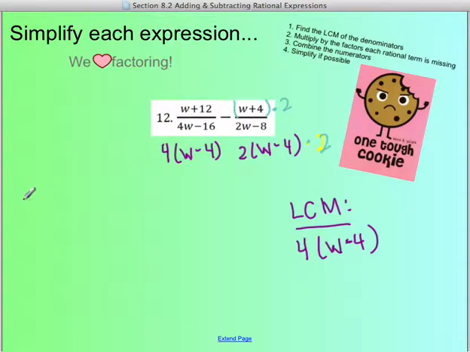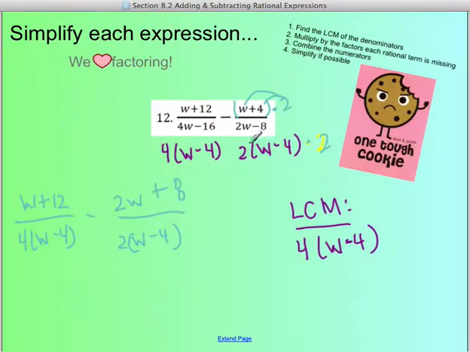So I'm going to go ahead and write this. I would have w plus 12 all over, and I'm just going to write it as 4 times w minus 4. Minus, now I would have 2, so I would distribute this. So it would be 2w plus 8 over 2 times w minus 4.